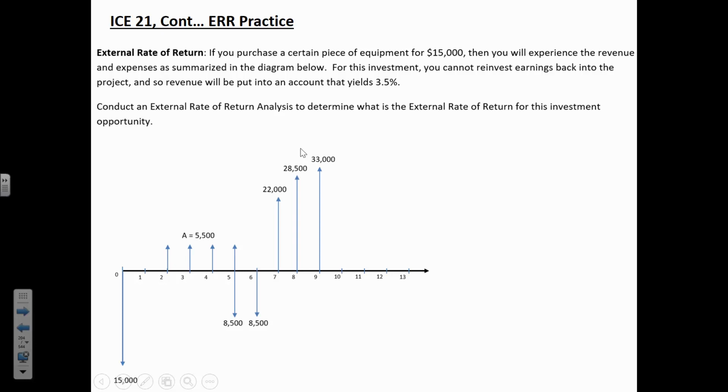So that's the known interest rate that you do that discounting and compounding. So in this problem statement, it says that the revenue is put into an account that yields 3.5%. So that's our external reinvestment rate. So that's the known interest rate.